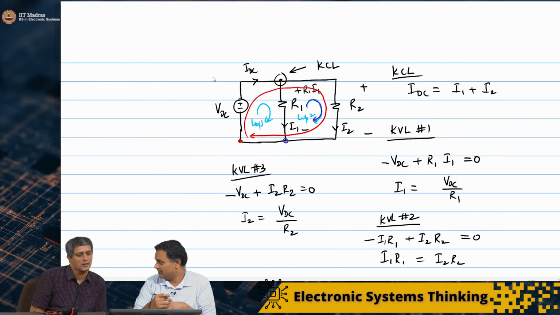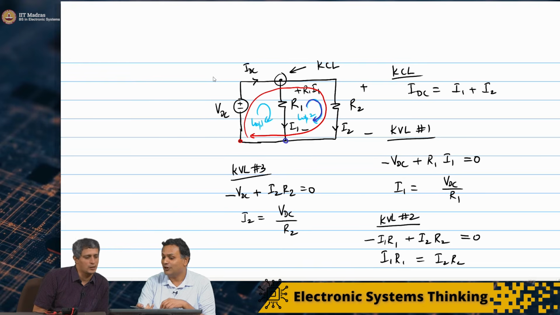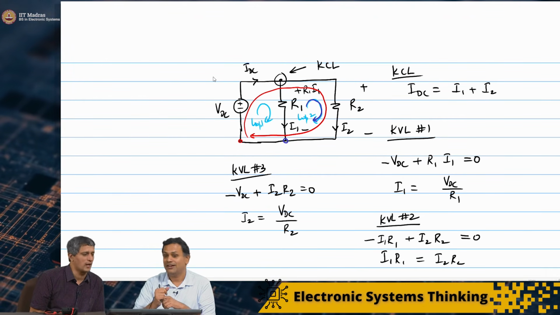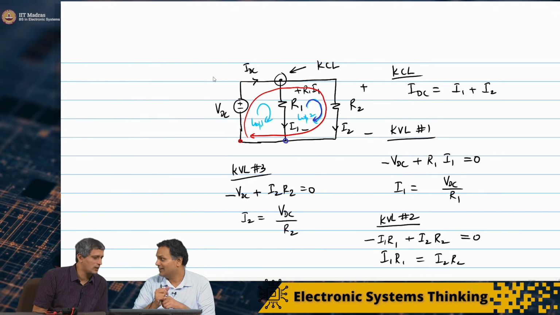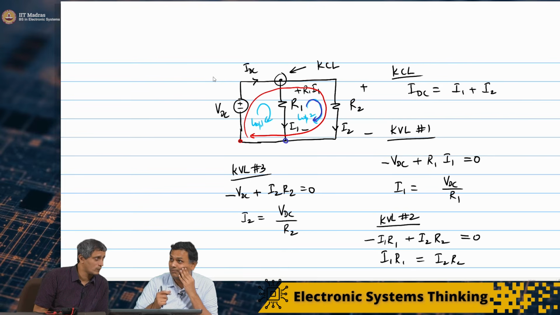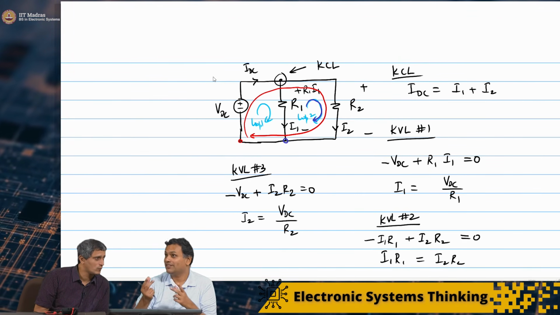If you put a capacitor, I know that I'll have to solve differential equations. I cannot solve a simple set of linear equations. That causes trouble, but actually there's a bigger problem. With a capacitor, the voltage is differentially related.